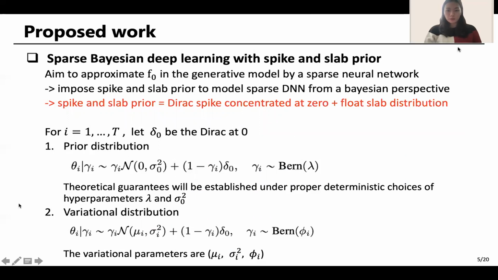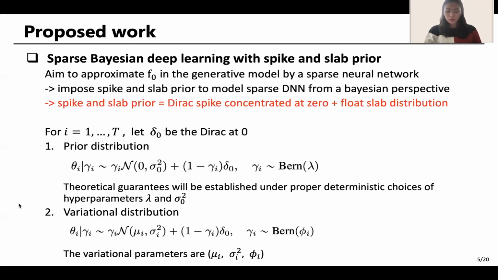From a Bayesian perspective, we impose a spike and slab prior on theta to model sparse DNN. A spike and slab distribution is a mixture of two components, a Dirac spike concentrated at 0 and a flat slab distribution. The spike component and slab component represent whether the corresponding edge is inactive or active, respectively.